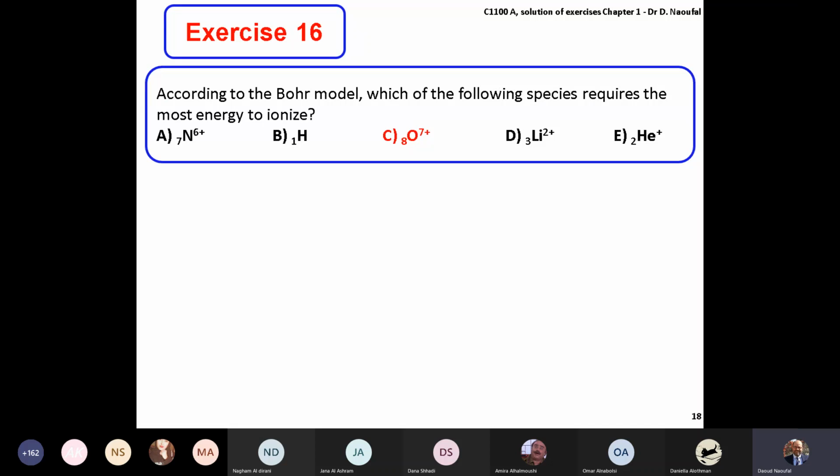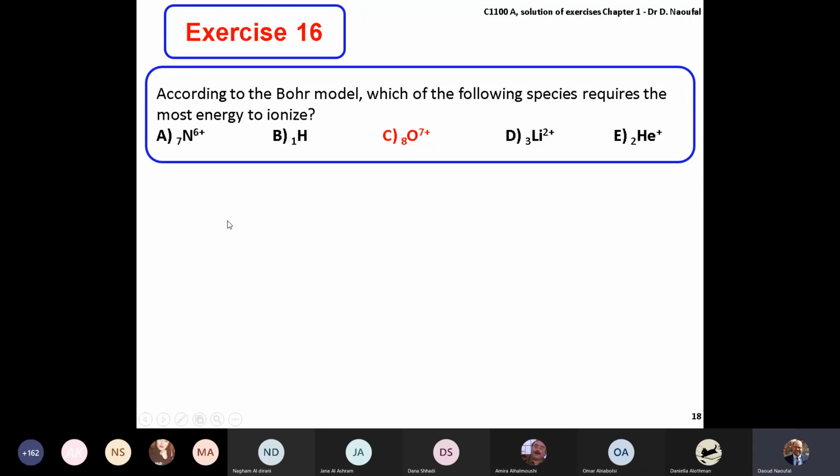Okay, so these species are hydrogen-like. What is the ionization energy? The ionization energy is the energy needed, so the value should be positive, the energy absorbed by an atom at the gas state to remove 1 electron from its valence shell.